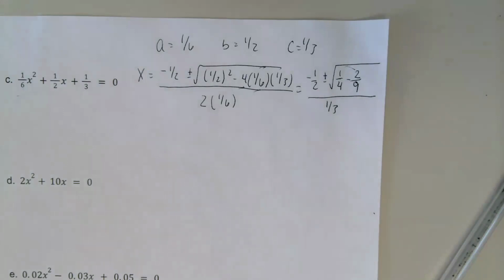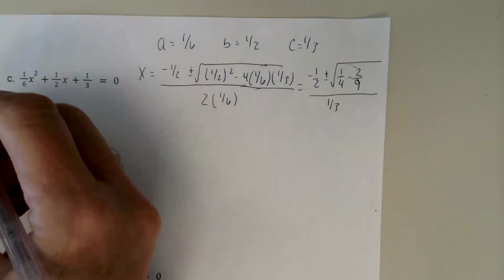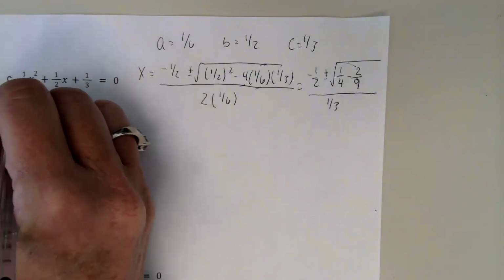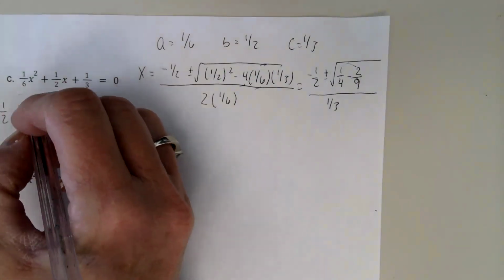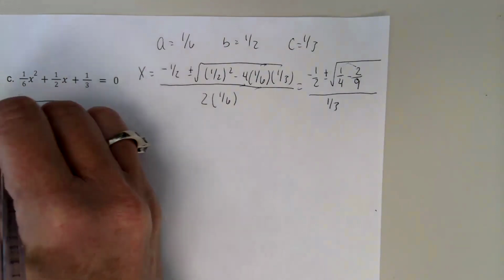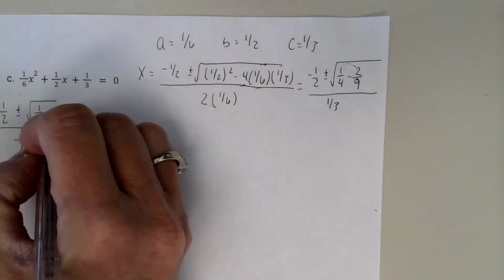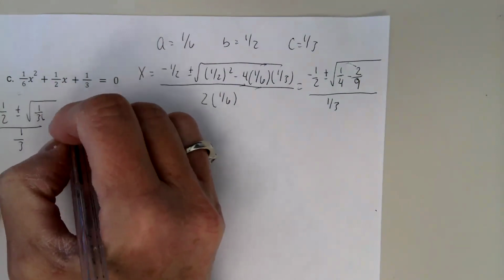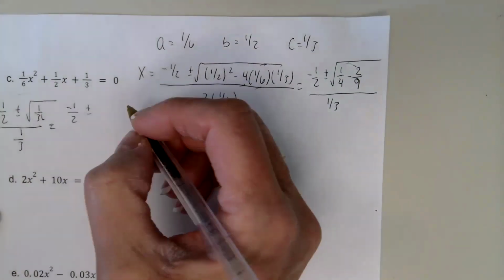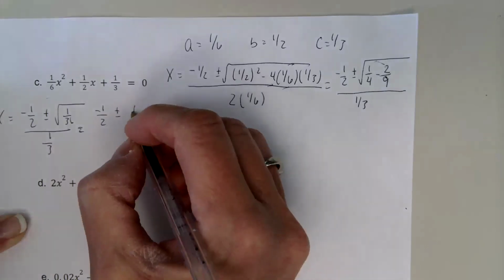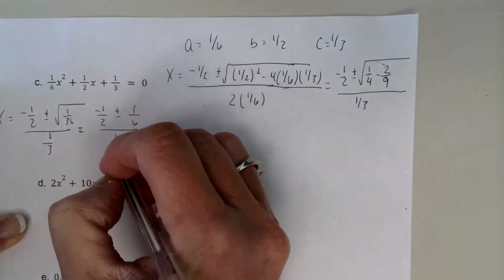So I'm going to, in Desmos, take 1/4 and subtract 2/9 and turn it into a fraction. So it comes out to be 1/36. So this is x equals negative 1/2 plus or minus the square root of 1/36 over 1/3. So a negative 1/2 plus or minus the square root of 1/36, which is just 1/6, over 1/3.